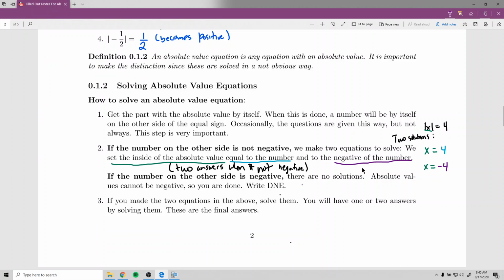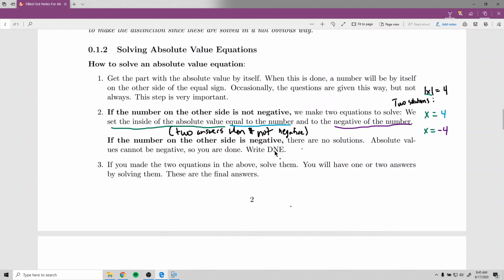But it's very important that you make this distinction in step 2, because if you just set the inside of the absolute value equal to the number and negative of the number when it's negative, you can still get 2 answers, but they're both wrong. So you have to make sure the number is positive.